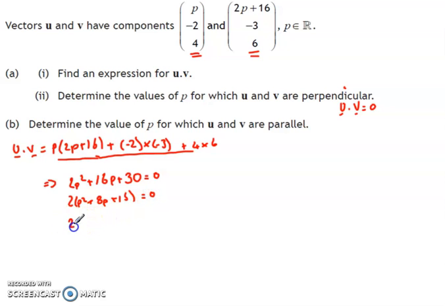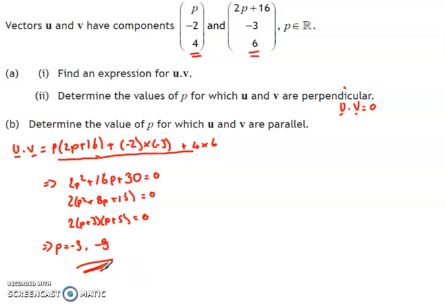Factorize that into 2 brackets, and I get 2 bracket p plus 3, p plus 5 equal to 0. So what that then means is that p equals negative 3 and negative 5 for it to be perpendicular.